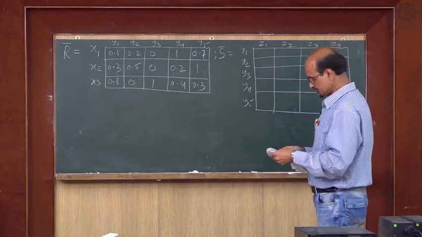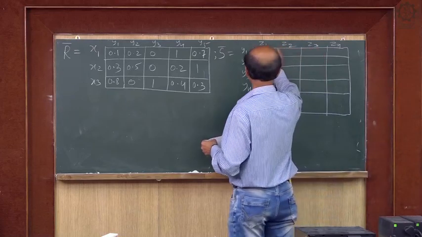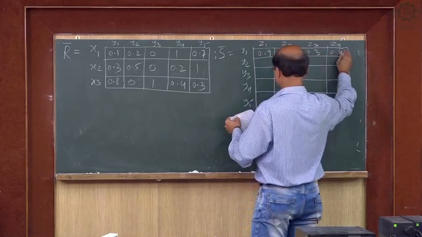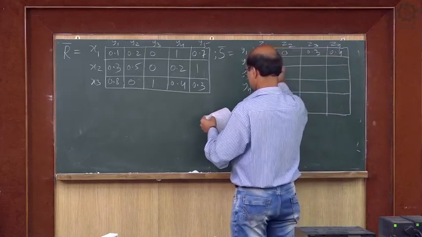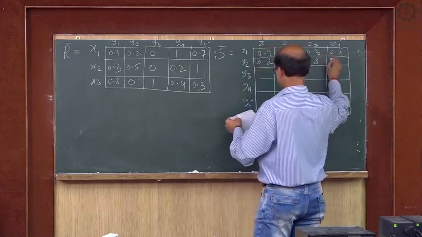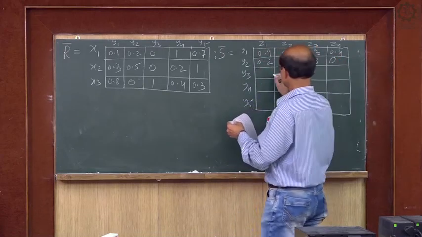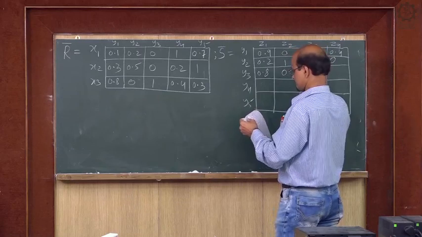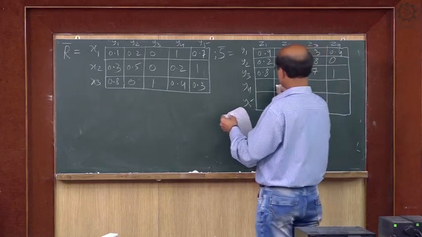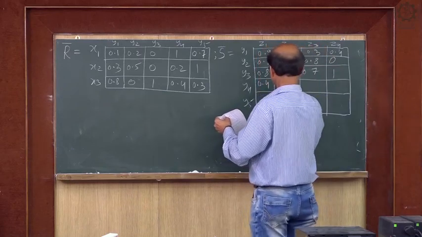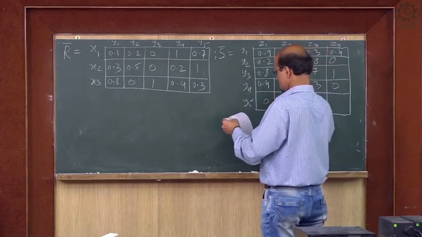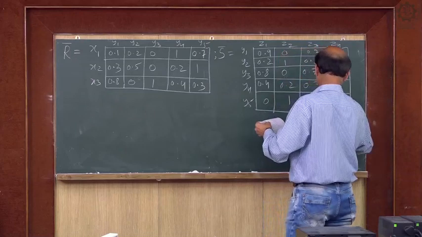These values are 0.9, 0, 0.3, 0.4, 0.2, 1, 0.8, 0, 0.8, 0, 0.7, 1, then 0.4, 0.2, 0.3, 0, 0, 1, 0.8.